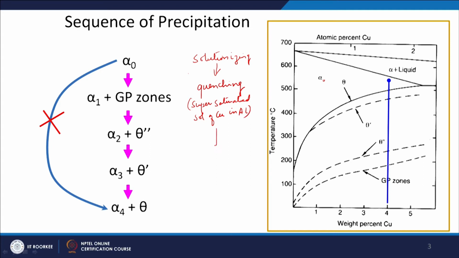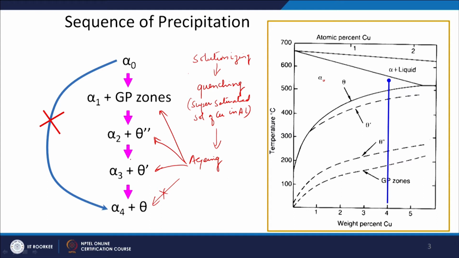After quenching we will do some operations which are called the aging process, okay, and during aging you will get all these intermediate phases, okay, which will come out of the solution, but we are doing it in a very controlled way so that you do not form the equilibrium phase directly. You will get these in sequence, okay.